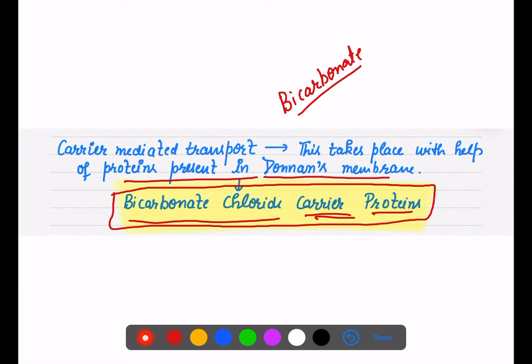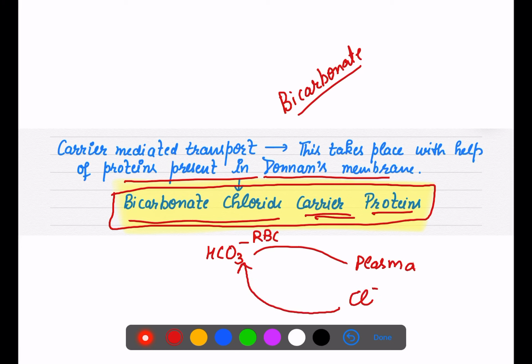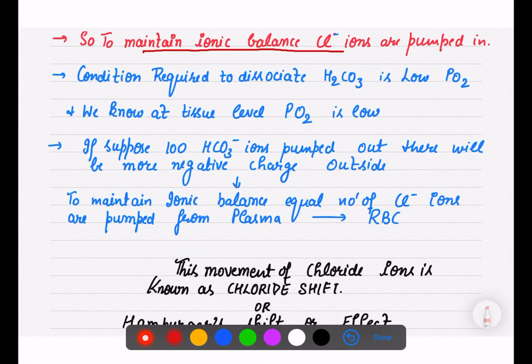So the HCO3 which is formed in your RBC is moving out into the plasma. To maintain the ionic balance, chloride ions are pumped into RBCs with the help of bicarbonate-chloride carrier proteins. Now, how does carbonic acid break down?